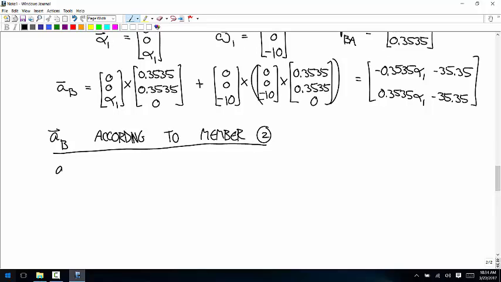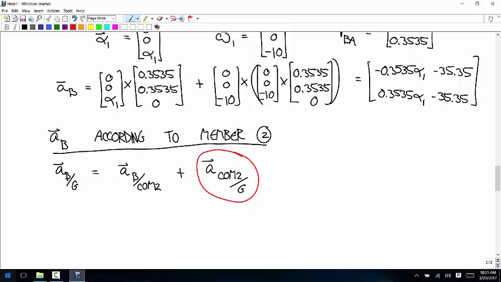So the acceleration of B relative to the ground is equal to the acceleration of B relative to the center of mass of 2, plus the acceleration of the center of mass of 2 relative to the ground. This one is already our variable A2. And this one is circular motion.